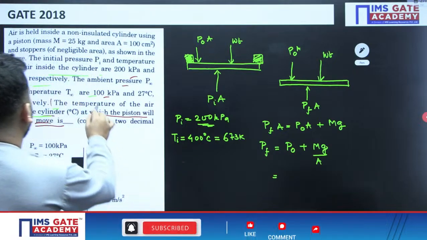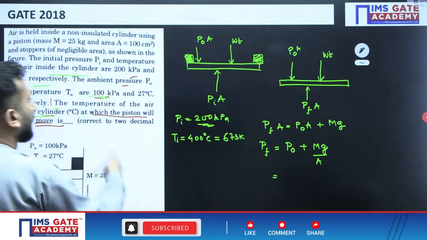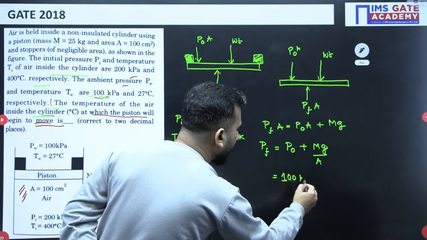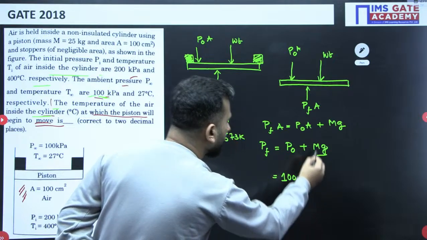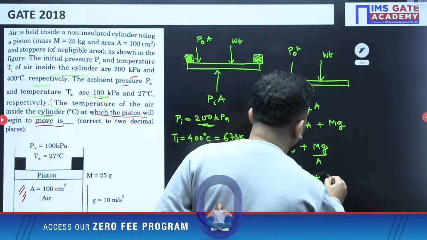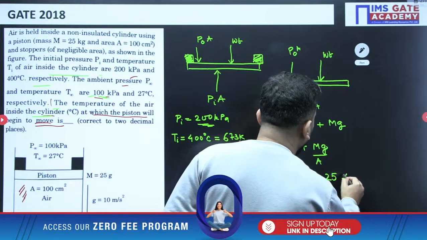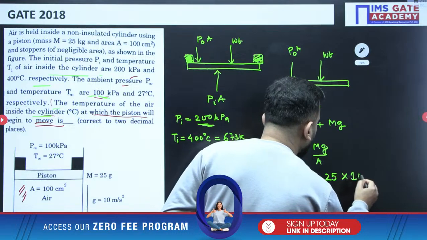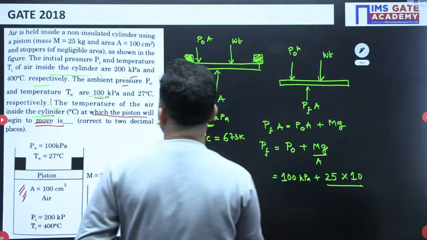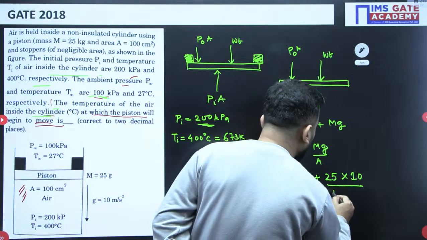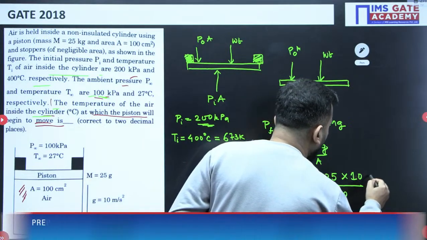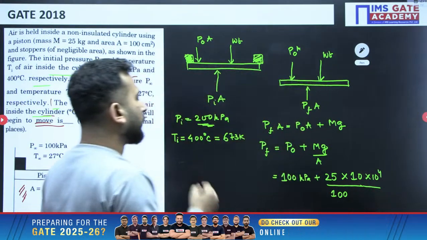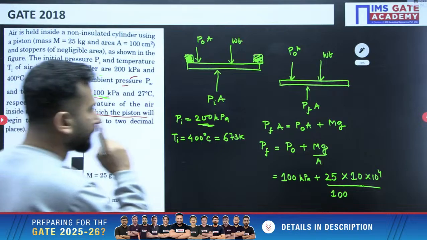P infinite he has given, that is 100 kPa, plus, what is the mass of the piston? 25 kg, and G value is 10 meter per second square, and area of the piston is 100 centimeter square, so 100 by 10 to the power 4.